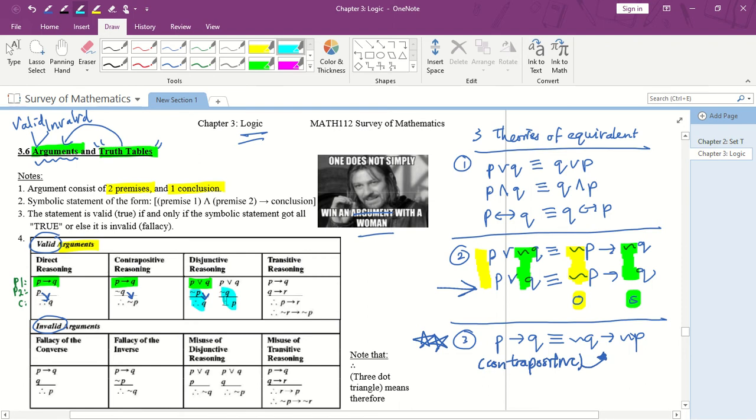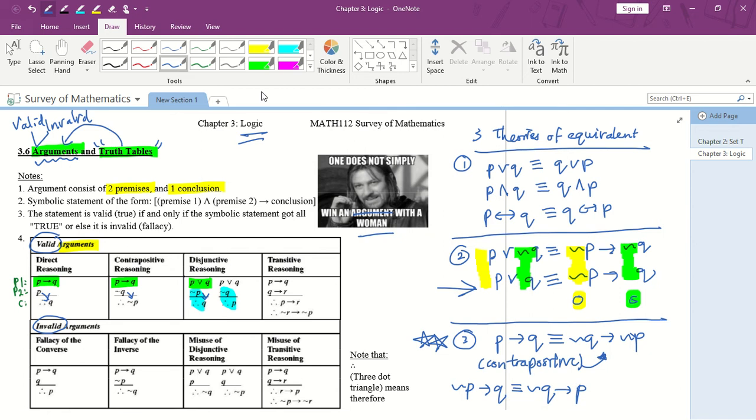If you realize, negation P to Q, which is the first blue color here, when you do the contrapositive on this one, remember contrapositive means we switch the place and change the sign. So Q will be in front with the negation, P will be at the back and we remove the negation.